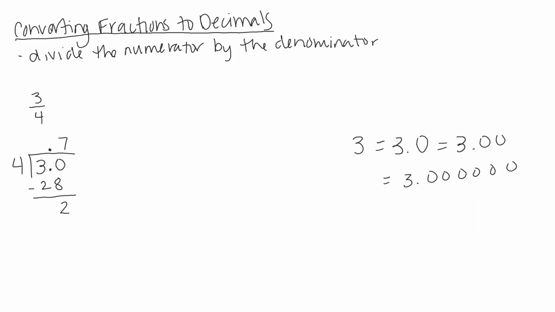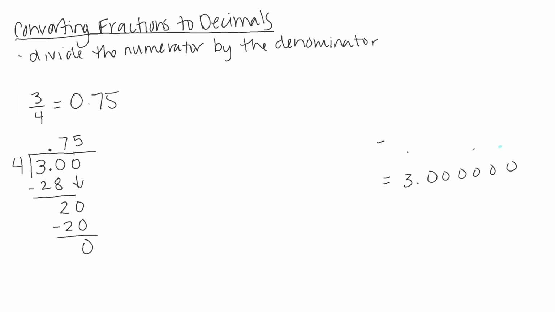Well, we don't have a 0 remainder, so what we do is add another 0 and drop it down. Now, does 4 go into 20? Sure does. It goes in 5 times. 5 times 4 is 20. I subtract. There's my 0 remainder. So I can say that 3/4 is equal to 0.75. I'm going to get rid of all this junk right here so I have more room for problems.